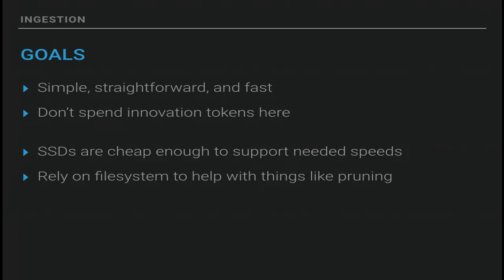Fast, again, means write optimized, with lots more writes than reads. And while we can't do everything in memory, dropping costs mean that we can store things on SSDs. Then we can start taking advantage of file system operations to do things like age out data or clump things together, and ask the operating system to take care of flushing and removal.